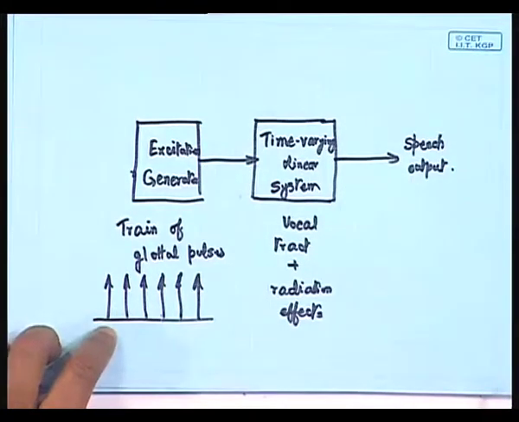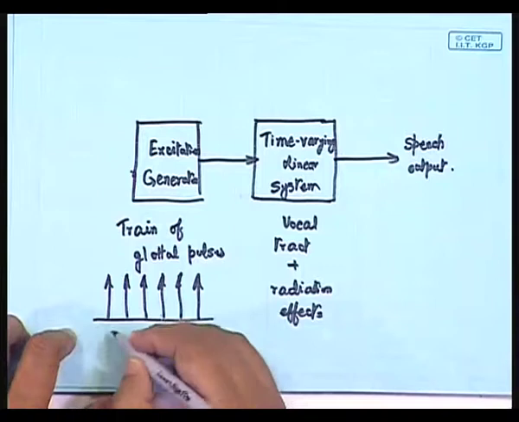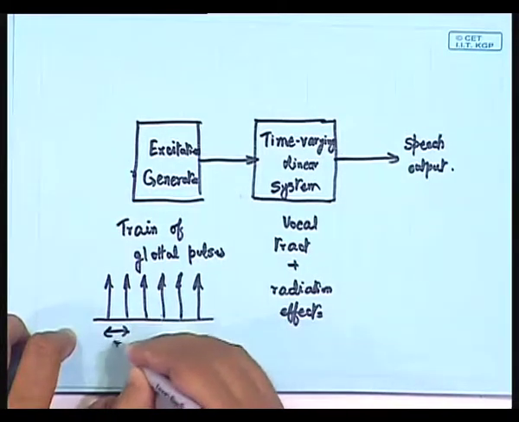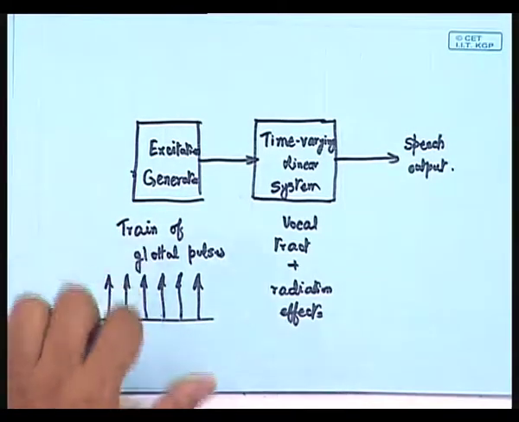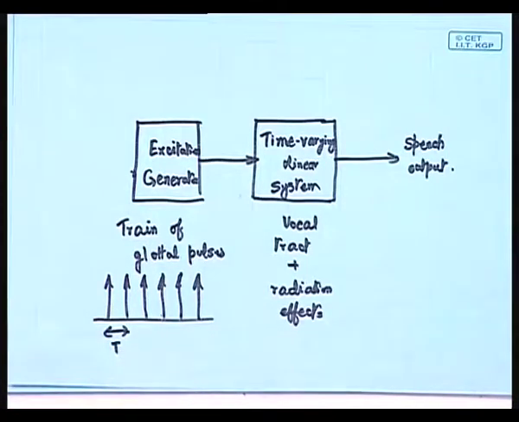So, if you have a time period corresponding to this as t, if the train of pulses is repeating after a time t, then 1 upon t is the pitch frequency. But how does the pitch frequency become effective for our speech production?